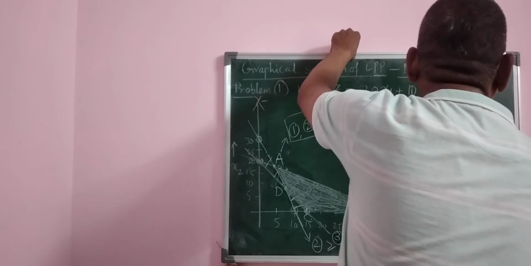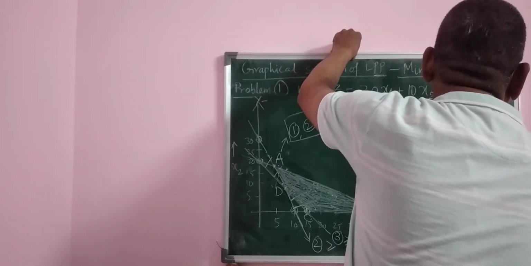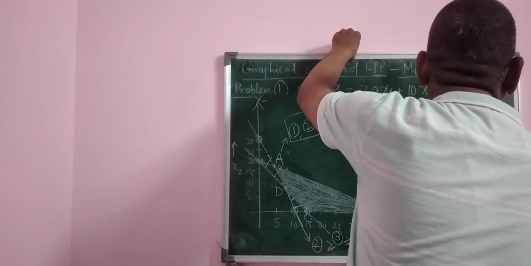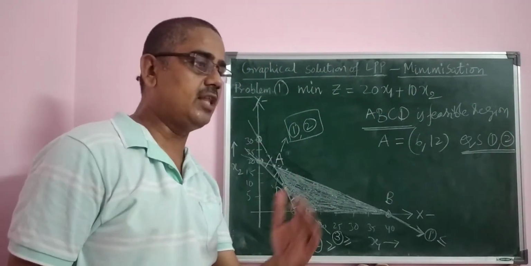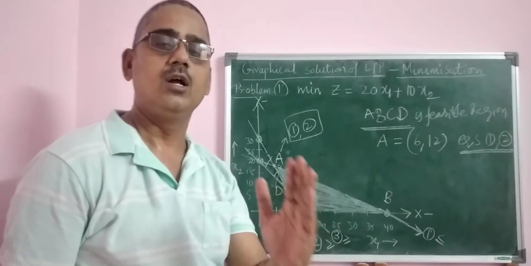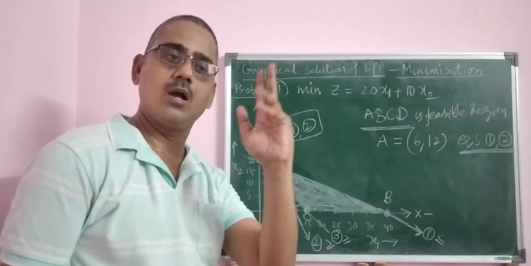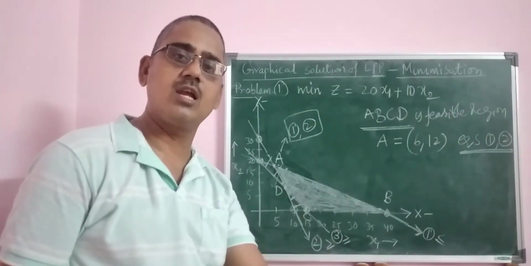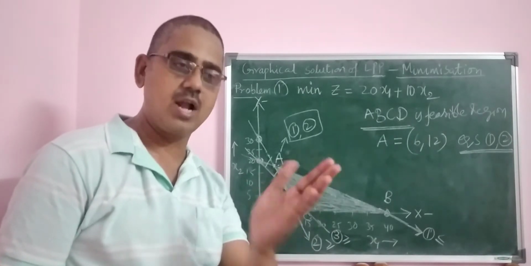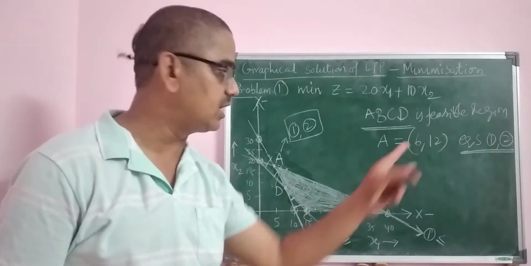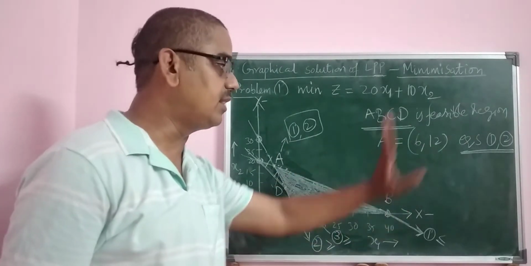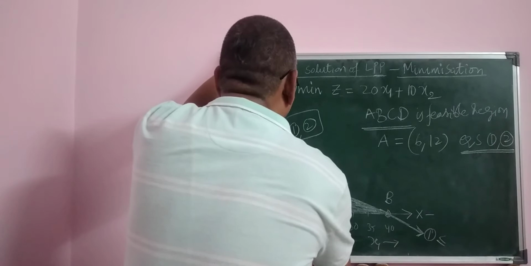In the notebook, you take equations 1 and 2 and solve them, and then you will have x1 equal to 6 and x2 equal to 12. That is the required point, so this is 6 and 12.